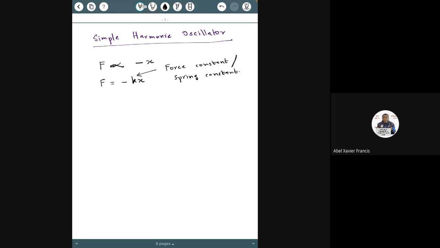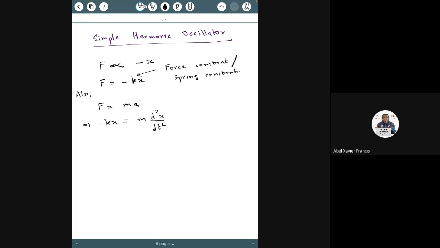So then, let's just recap the classical thing first, and then we'll go on to the quantum. This is the force constant or spring constant, and we know also that F is equal to mass into acceleration. So you can write minus kx is equal to mass into d squared x dt squared.